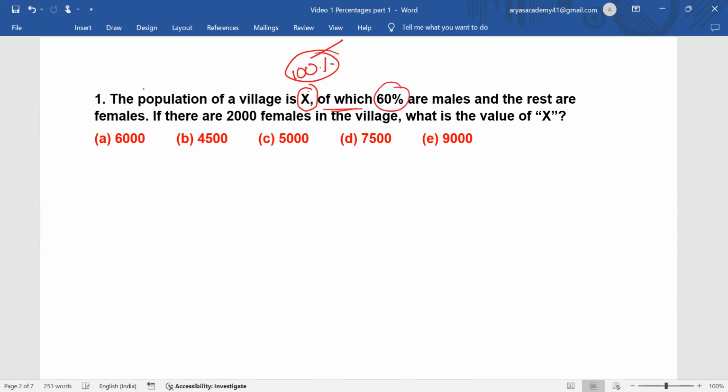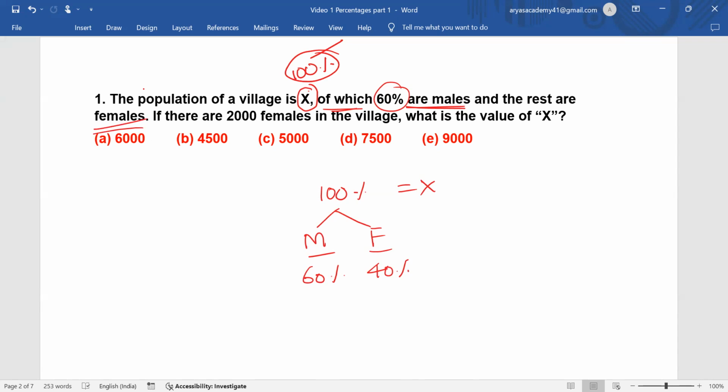Of which 60% are males. Total population 100% is equal to X. Upon that 100%, we will have both males and females. It was clearly mentioned that males are 60%. It implies that females are how much? 40%, right? And the rest are females, which obviously is 40%.